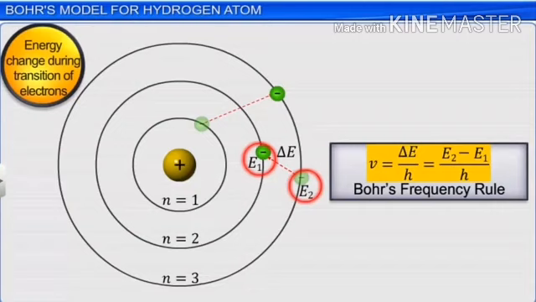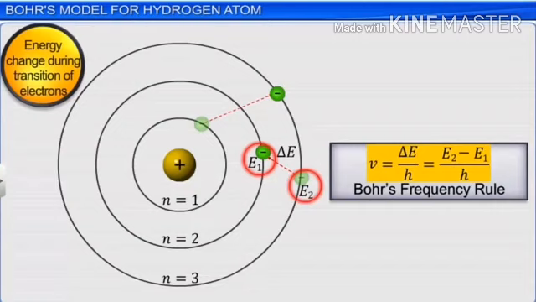What is delta E? E2 minus E1, the energies of the two orbits, divided by h. h is Planck's constant. This will give you the frequency of the radiation absorbed or emitted.